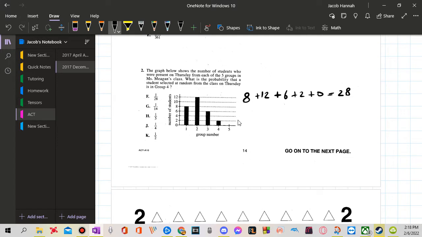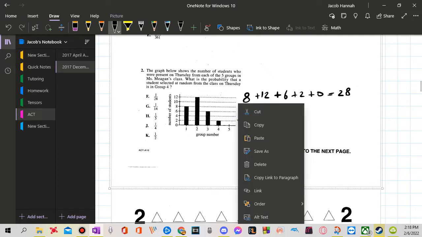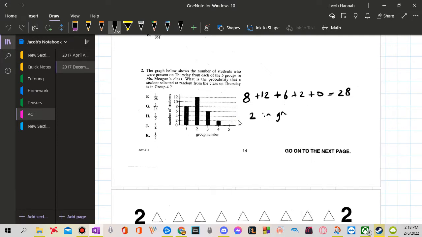Okay, so how many were in group 4 on Thursday? So there were 2 in group 4 on Thursday.